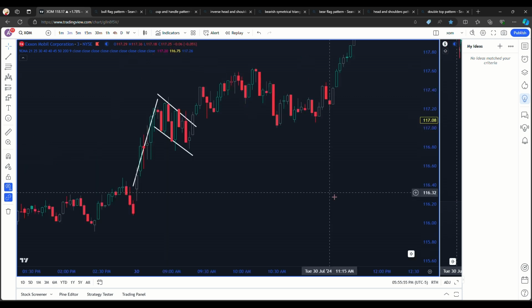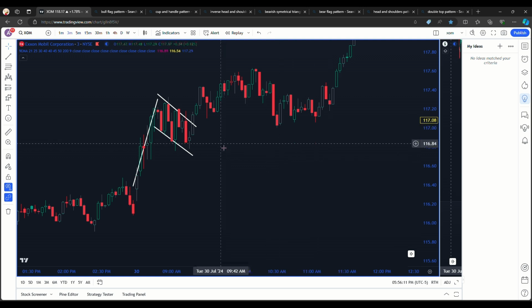So with the second bullish pattern being a bull flag, this was also on XOM, charted in today's session on the 3-minute, and it indicates obvious bullish trend.